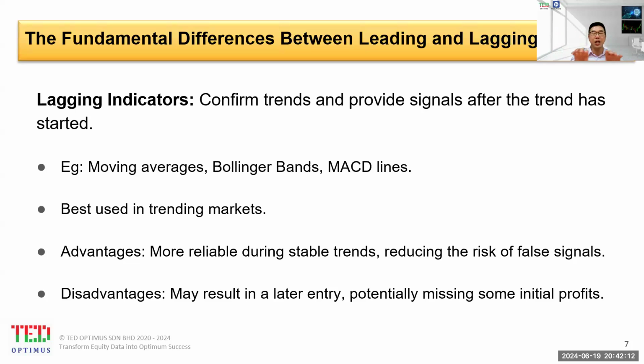The ones who can make a lot of money from a sideways market are basically options issuers, structural warrant issuers, or issuers of any instrument that makes money when the market is not really trending up or down. Their advantage is being more reliable during a stable trend, reducing the risk of false signals.